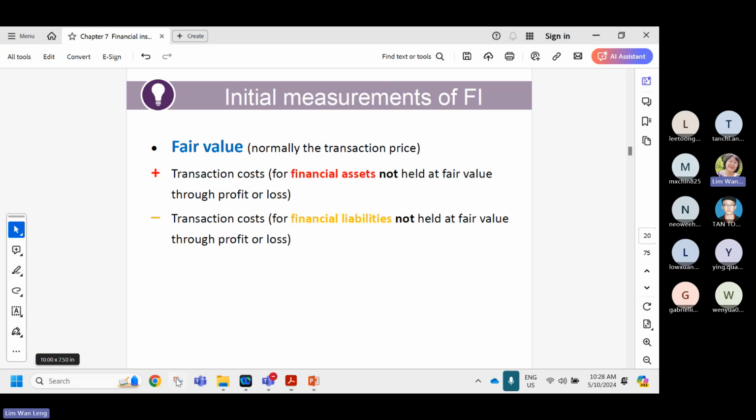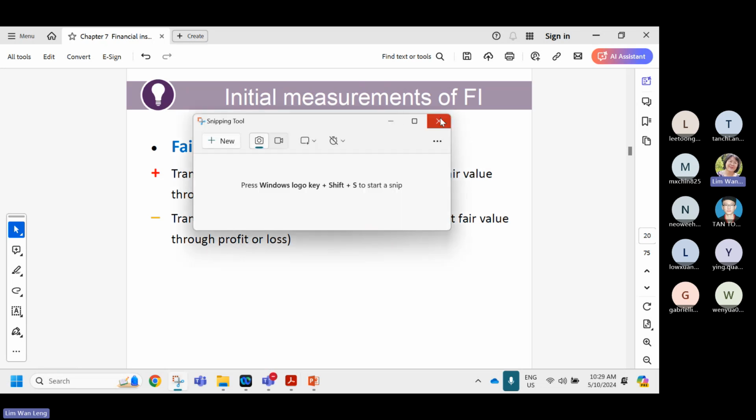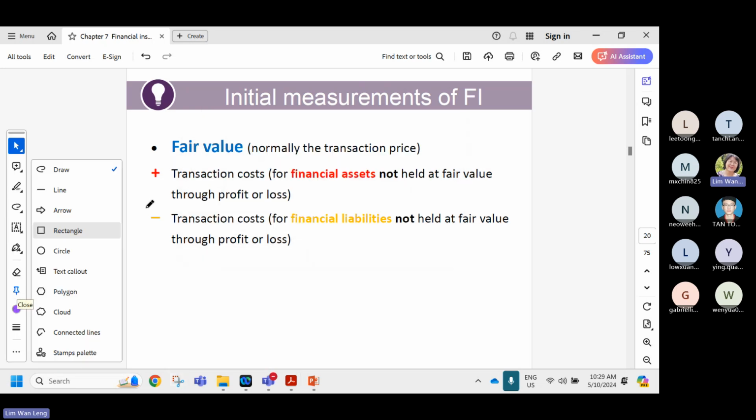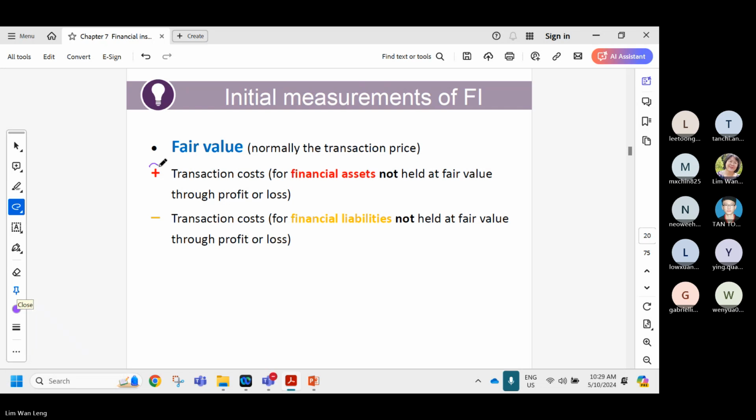However, those that you add must be what? Added to the initial fair value for financial assets. But the financial assets cannot be something that you measured at fair value through the profit or loss.